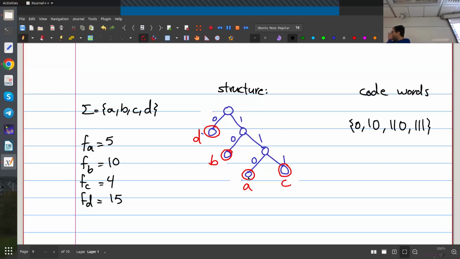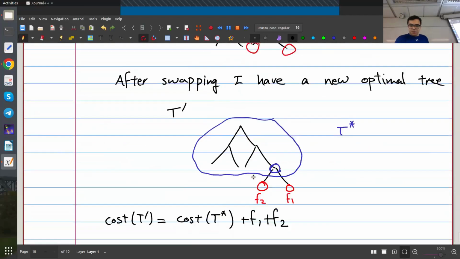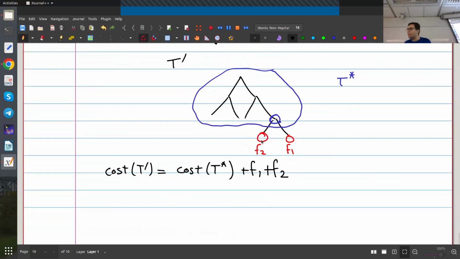Generally, if I look at every edge of my tree, how many times is that edge printed? The number of times is equal to the sum of frequencies of all the leaves that are descendants of this edge, that are below this edge. But what am I doing here when I'm doing this operation? I'm basically removing two leaves that had frequencies F1 and F2, and I'm giving their parents the frequency F1 plus F2, right?